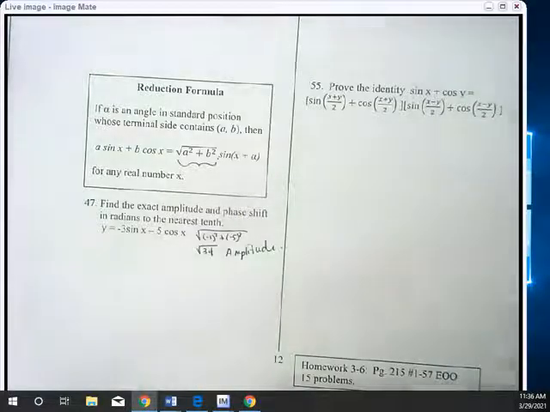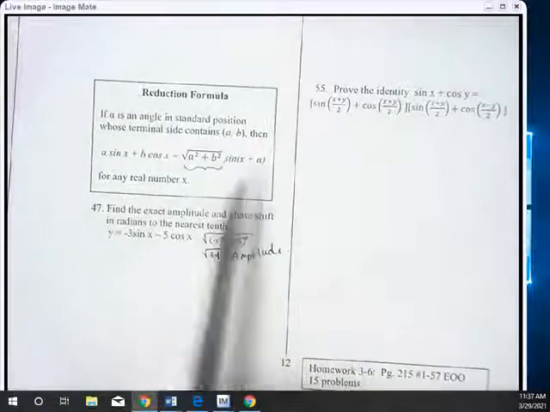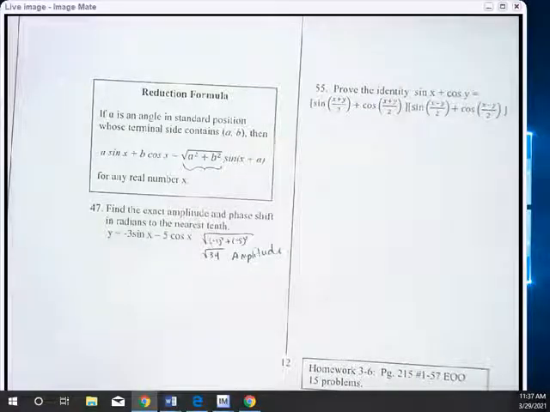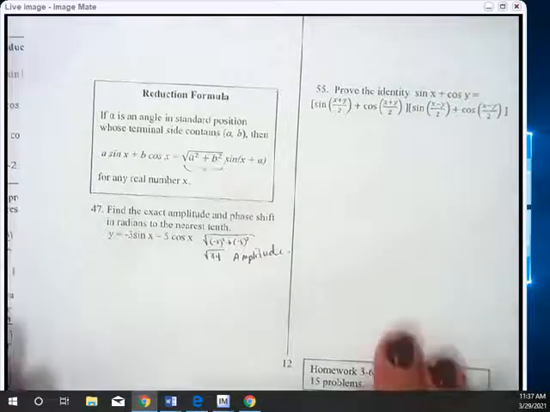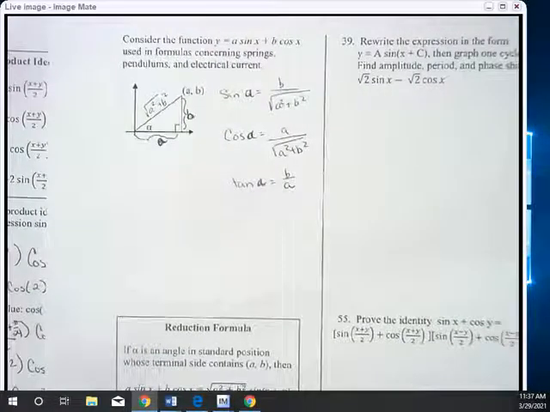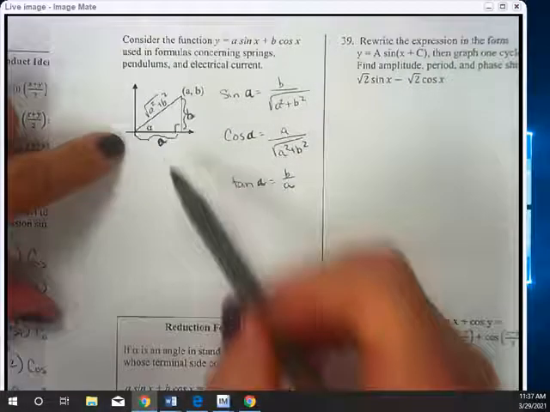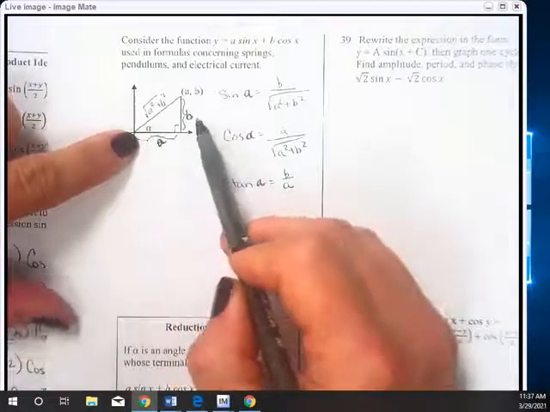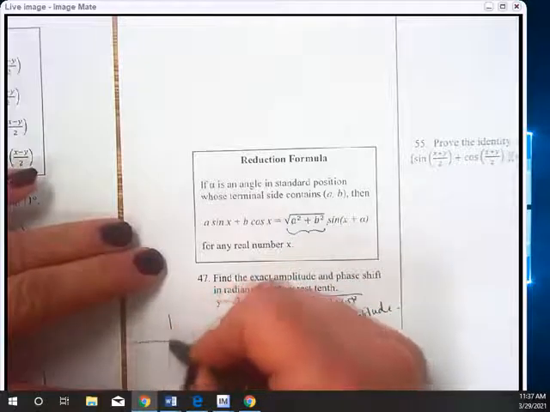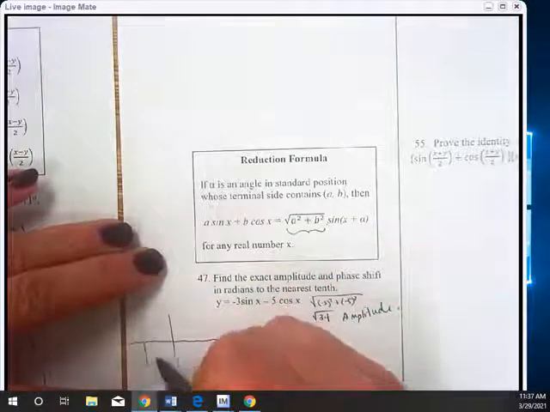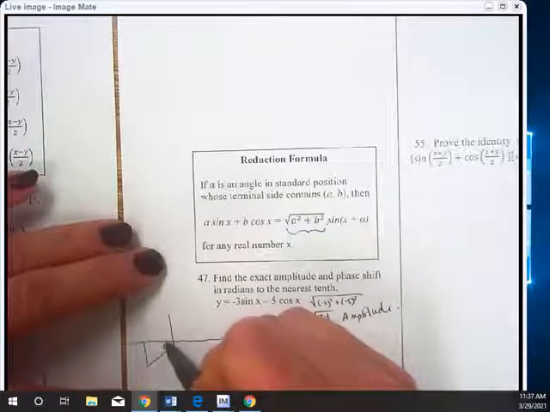Now, we've got to figure out this phase shift, this alpha. How can I find what the angle alpha is? Well, go back up and look at what we just considered. If my triangle is drawn, then are you okay if I do it in the third quadrant?